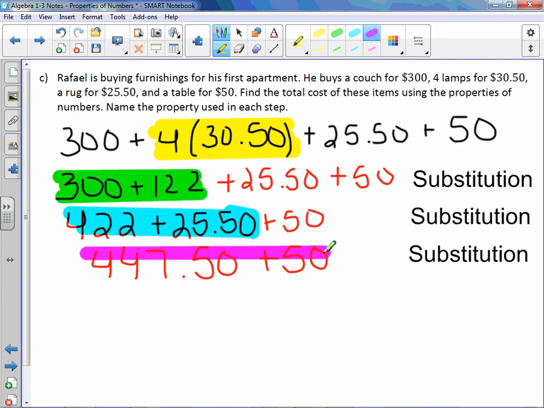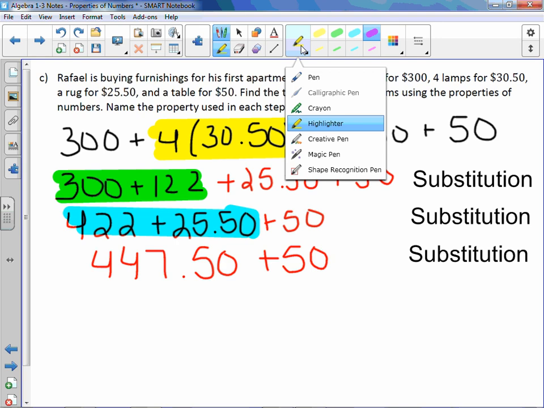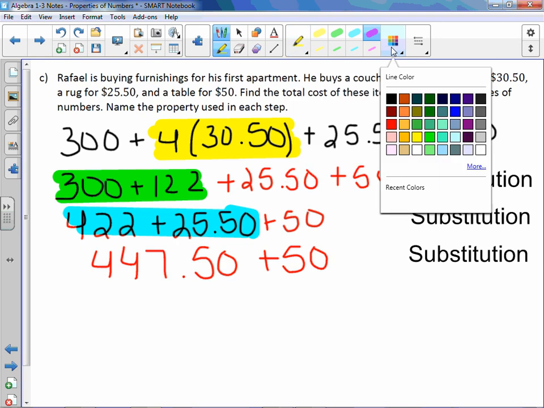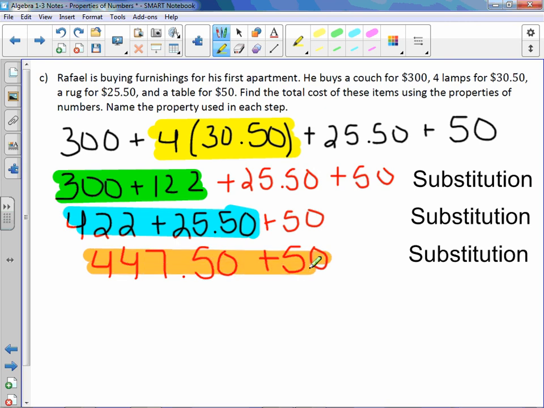And then we have this last addition here, 447.50 plus 50, which is 497.50.